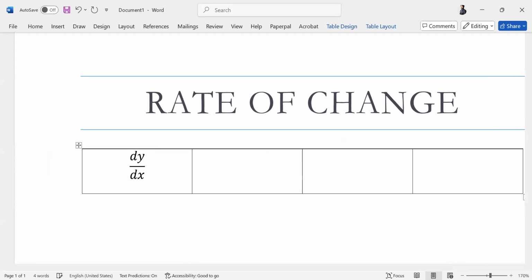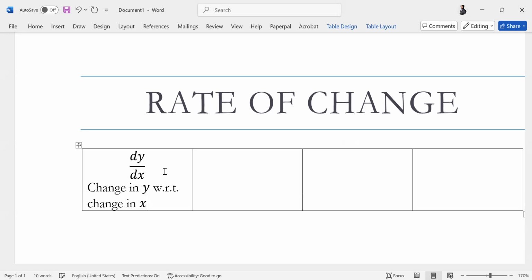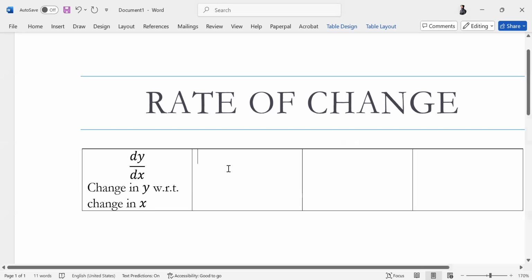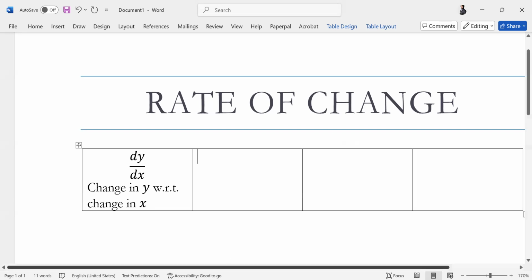So you are calling this change in y with respect to change in x. Is that right? Is this clear? This is the change in y with respect to change in x.